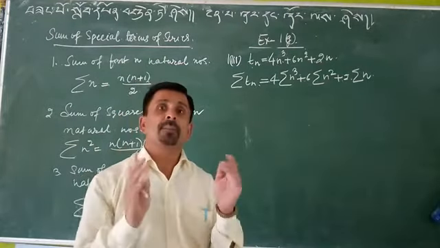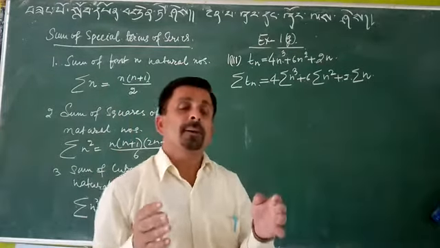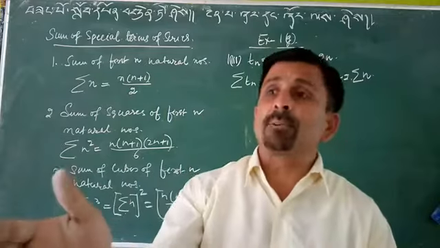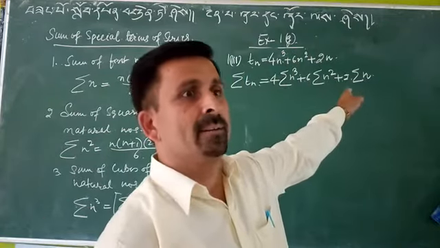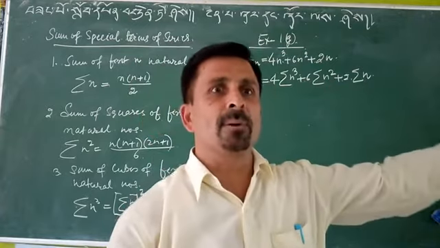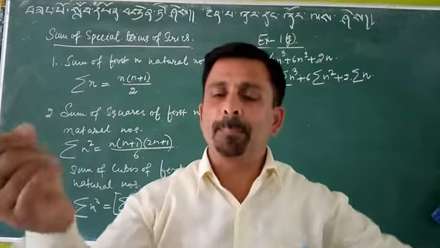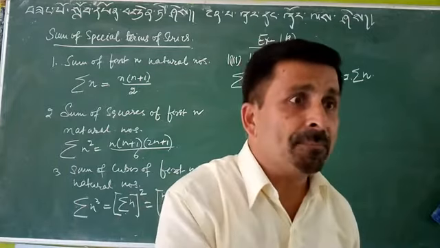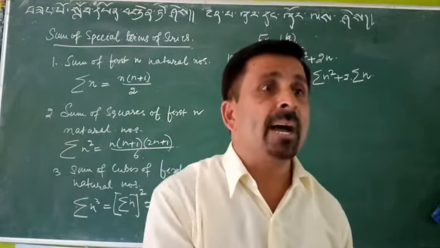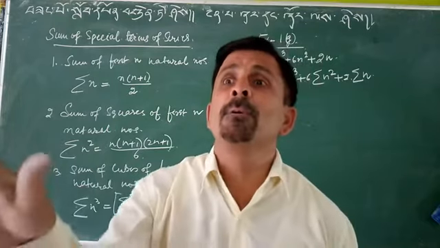That means if I want to calculate a particular term of the series, I can take the value of n as that and calculate, and you will get that particular term of the series. Suppose I want the fifth term of this series, then I can take the value of n as equal to 5.